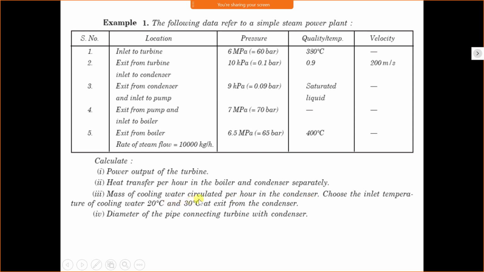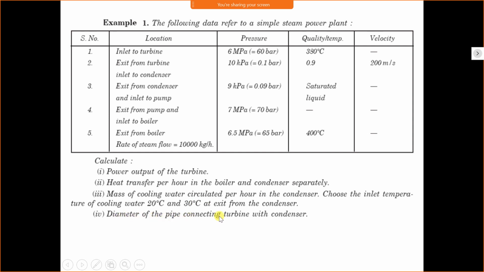We have to calculate the mass of cooling water circulated, which means how much water is required to cool the steam. The cooling water enters the condenser at 20 degrees Celsius and leaves at 30 degrees Celsius.